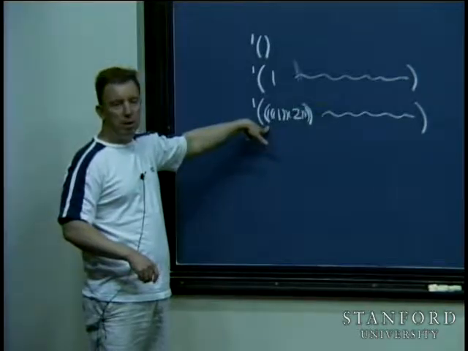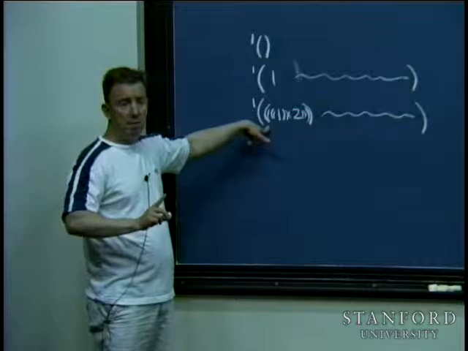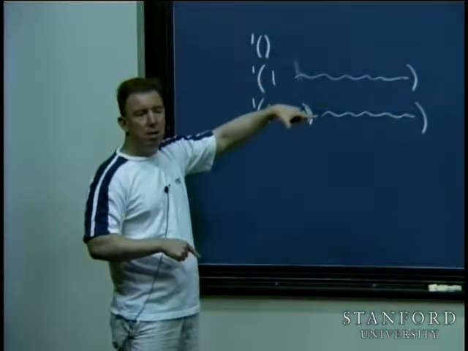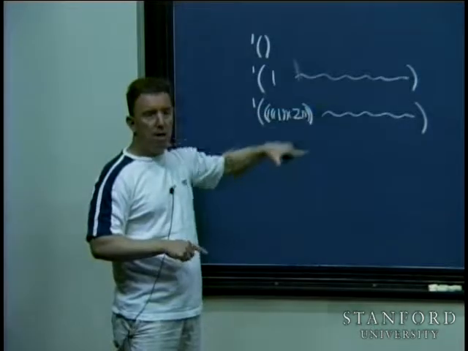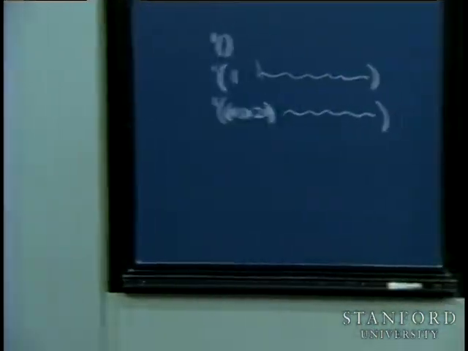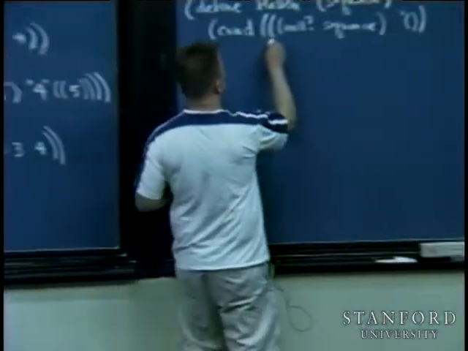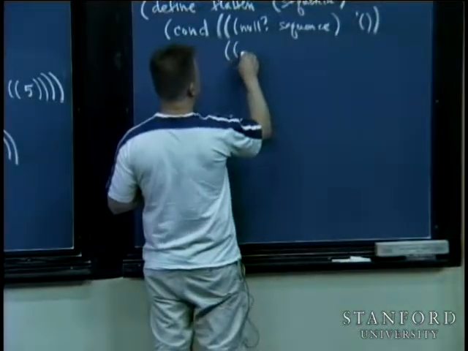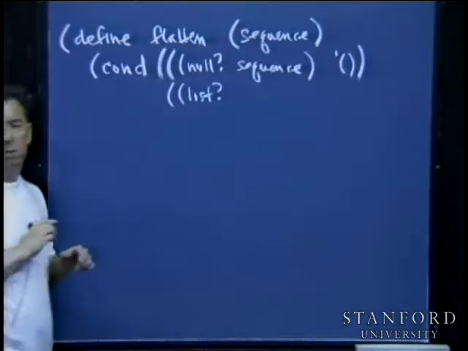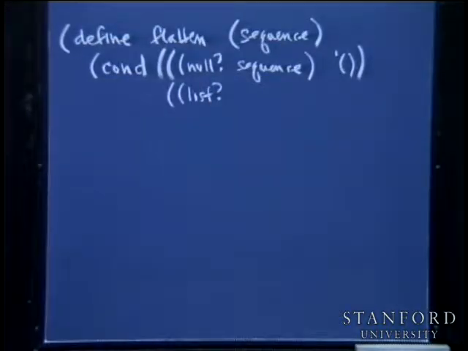I'm actually going to handle this scenario as the second clause right here, because it happens to be a built-in predicate that tests whether or not something is a list. If I fall past the null sequence because it's not null, then I know that I have at least one element in there. So what I want to do is, if it's the case that the list predicate, that's another built-in, it was in the first of the two handouts I gave out on Friday. It just is this predicate that says, is the thing that's serving as my only argument here a list?